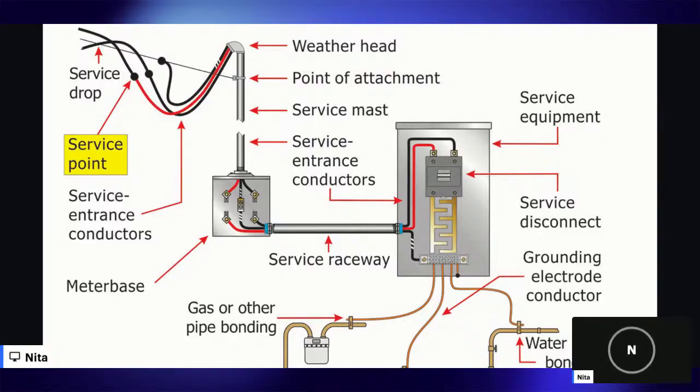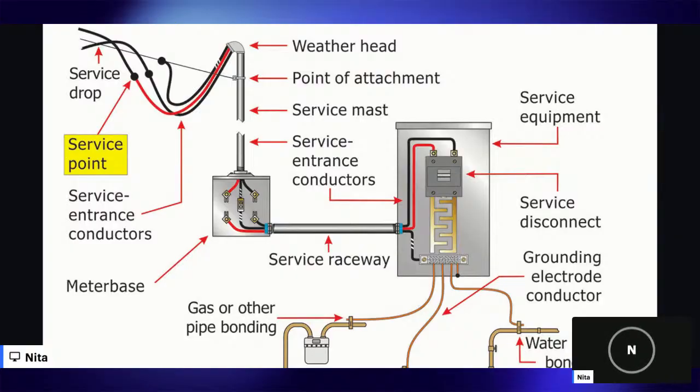So the system is supplying 120 volts for our lights and our regular outlets, and it's also supplying 240 volts for our larger appliances. The 120 supply is the standard voltage for most of your household outlets and lighting circuits, so your lamps, TVs, computers, blenders, and small kitchen appliances.